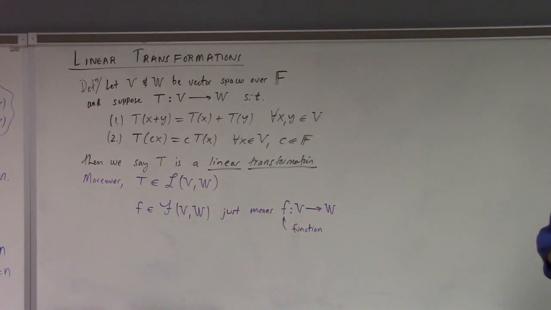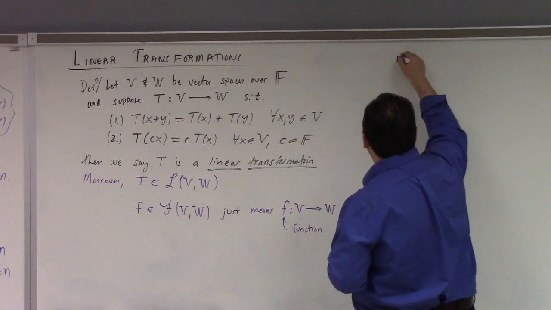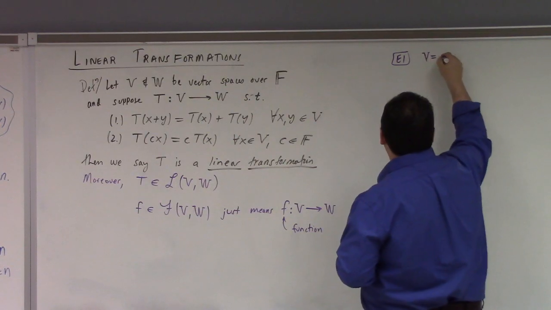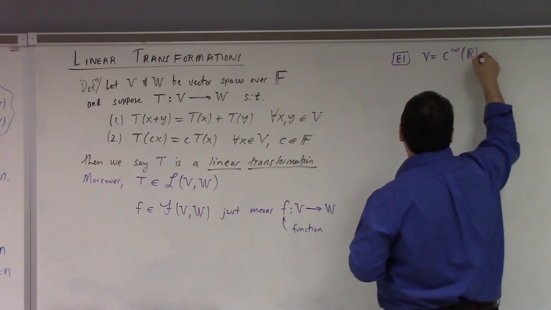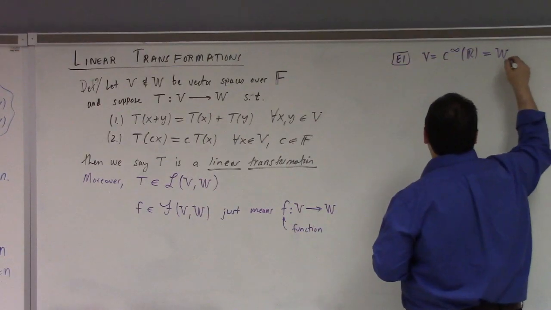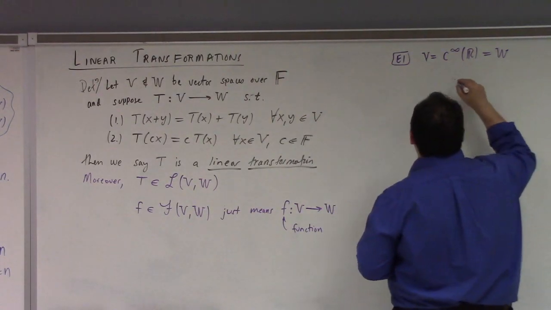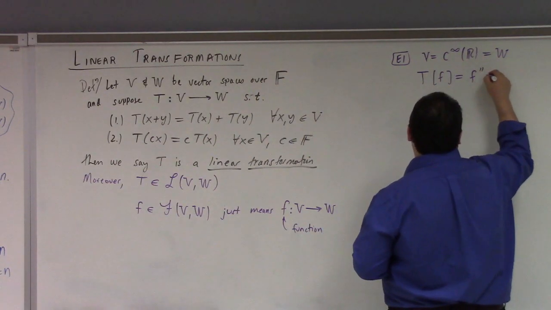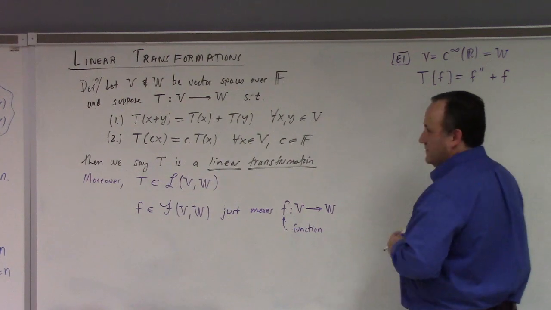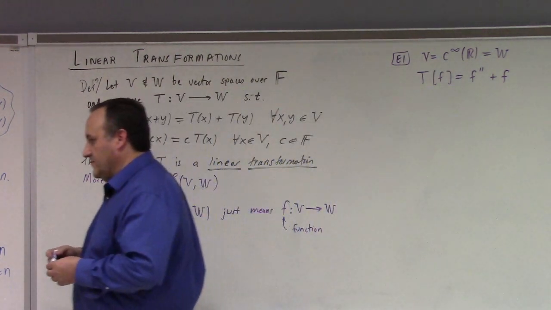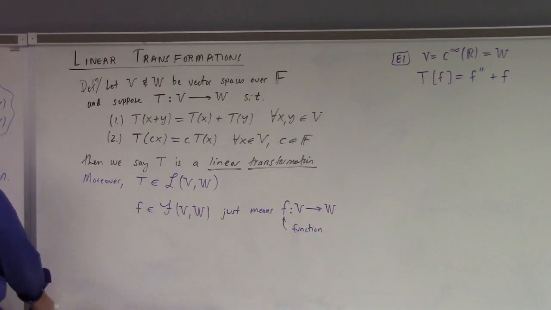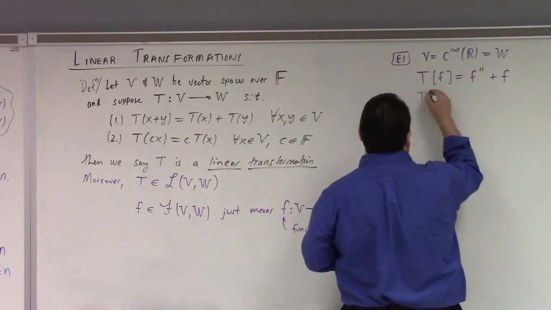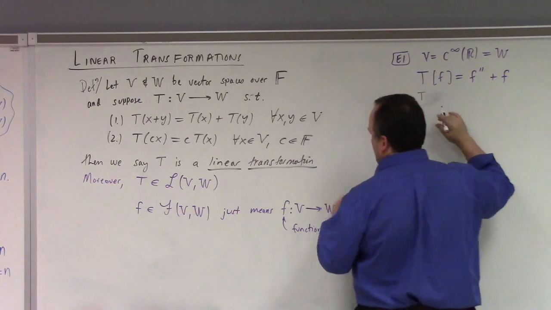So, some examples. We could have V equal to smooth functions over the reals, and that's W as well. And so you could have T of F equal to F prime prime plus F. This is a linear transformation because if you work it out, T of cF plus G, we can do both conditions at once, right, guys?